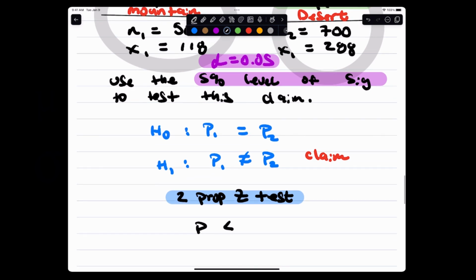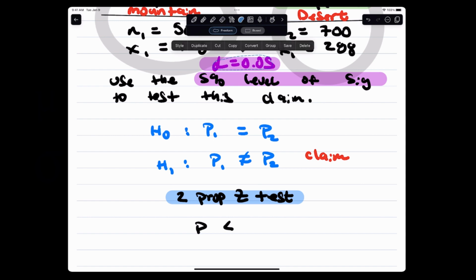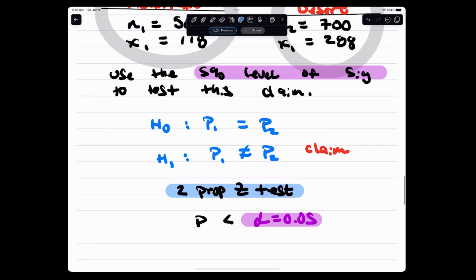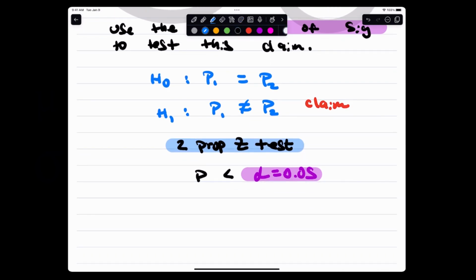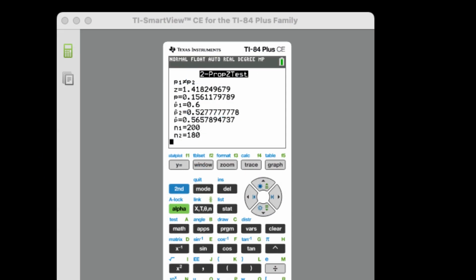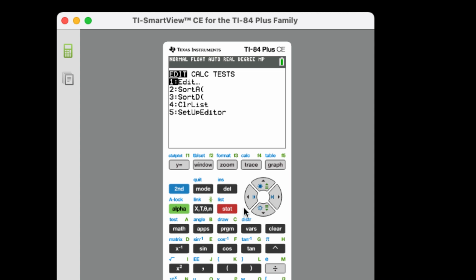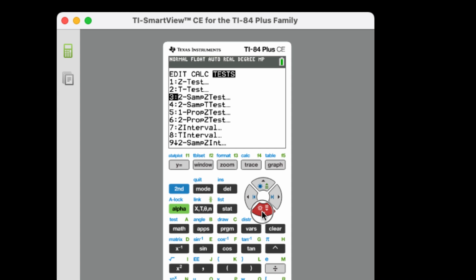What's alpha? 5%. Let's get out the calculator. Stat, test. Number 6, 2 proportion z-test. You guys are good with that one?